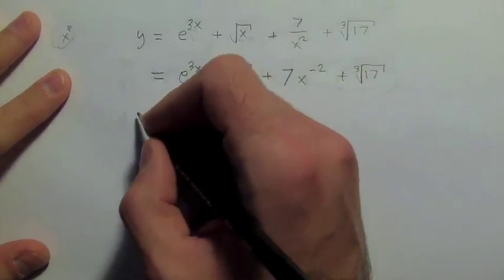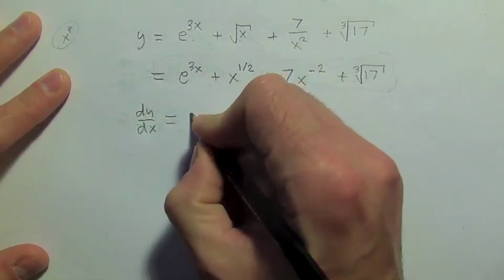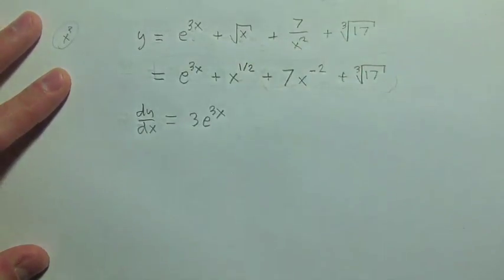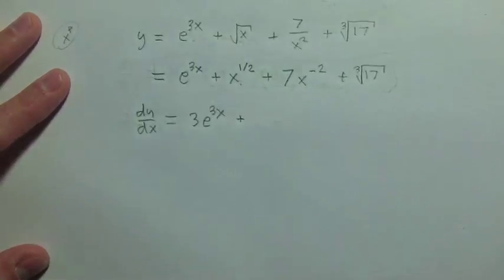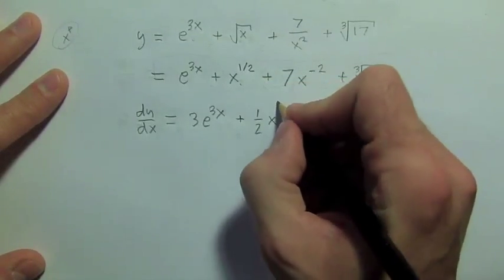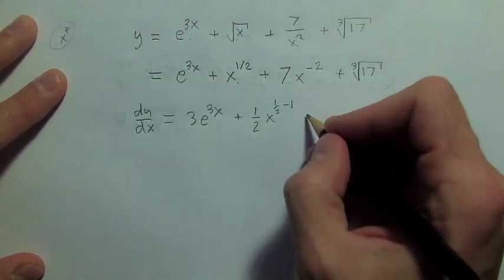Okay? So now I can say that the derivative, dy over dx, is going to be 3 e to the 3x, right, from the exponential rule, plus, using the power rule, I get 1/2 x to the 1/2 minus 1. I'll go ahead and write that out like that this time.